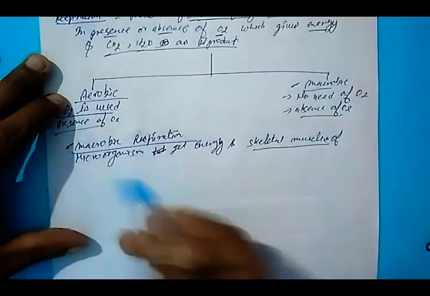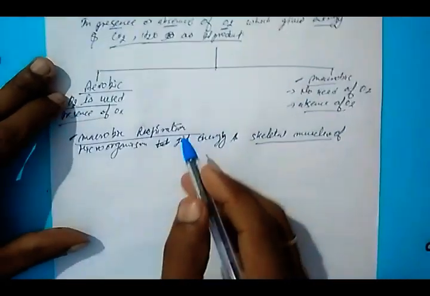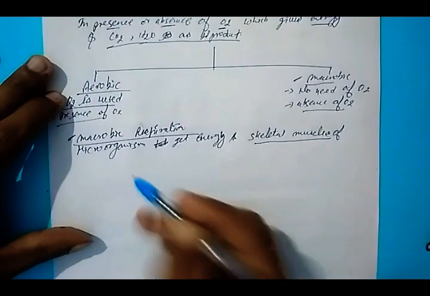How do they get energy by anaerobic respiration? In microorganisms like bacteria and yeast.